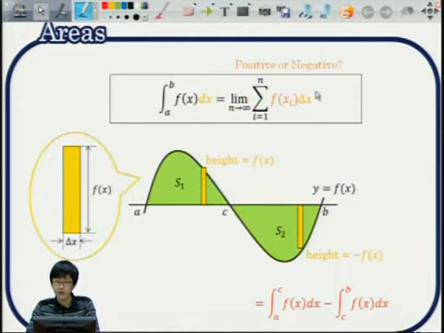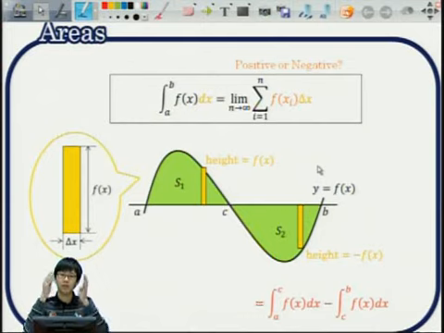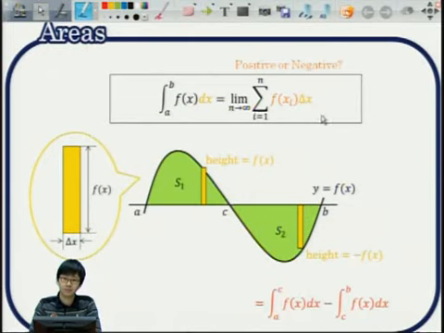But if this is negative, we have to think a little, because the height will not be this f(x) itself, because f(x) is smaller than 0. So we have to do this by absolute value, which means we have to give here a minus sign, and this positive or negative affects this part, right?